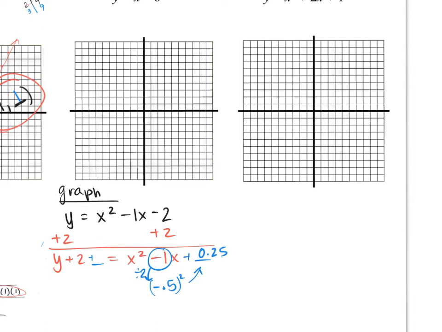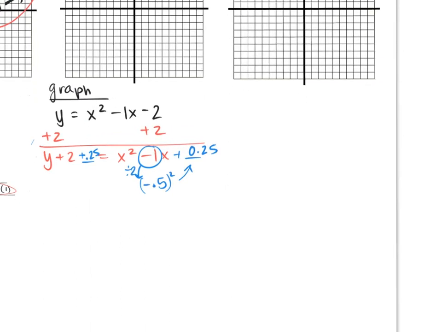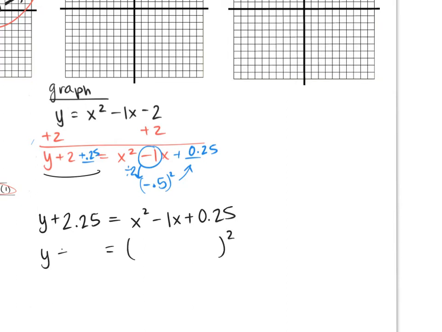Okay, it's okay that you have fractions or decimals. It's going to work out. Now that means that on the left-hand side, I really have y plus 2.25 equals x squared minus 1x plus 0.25. If I go ahead and factor this using the square root of the front, square root of the back, sign of the middle, then the square root of the front gives me x.